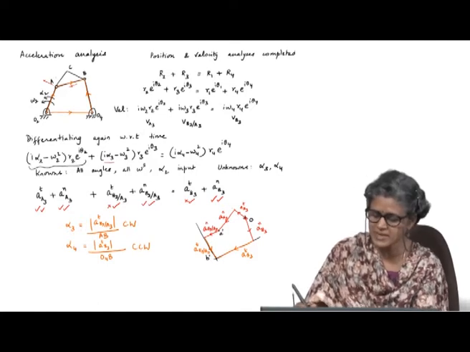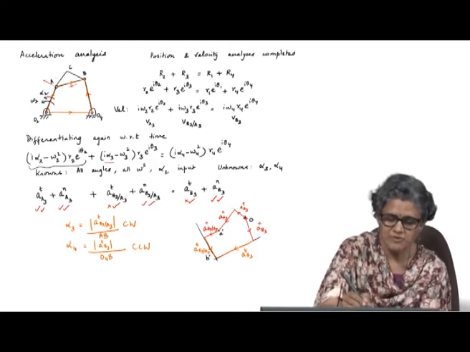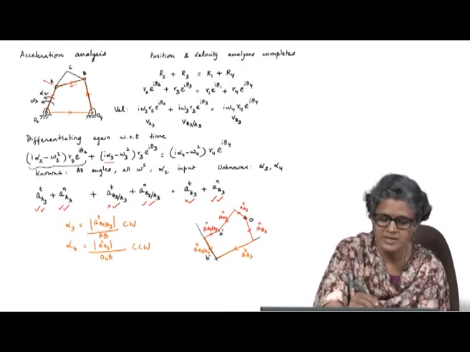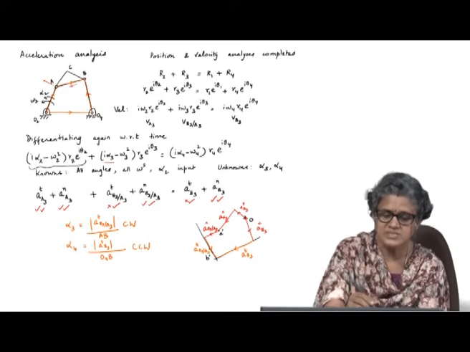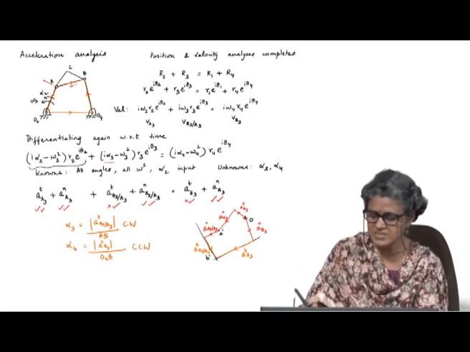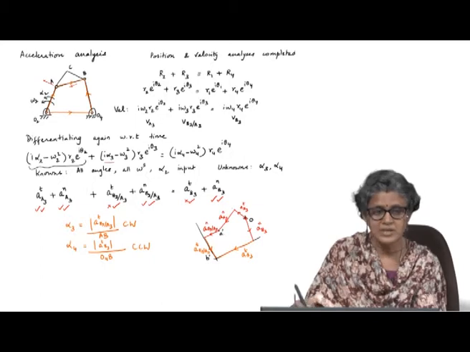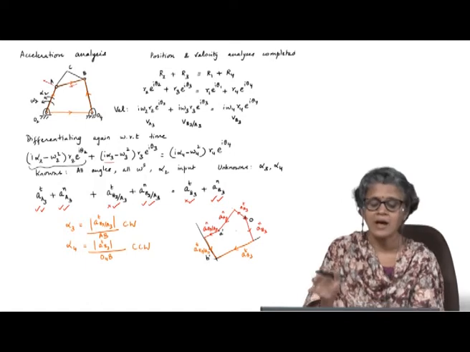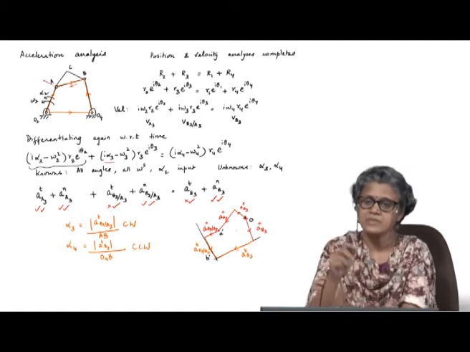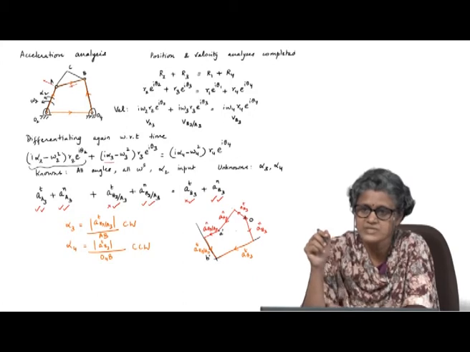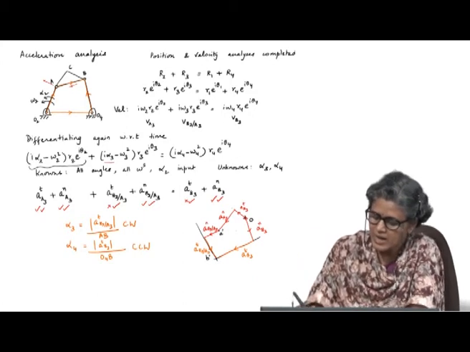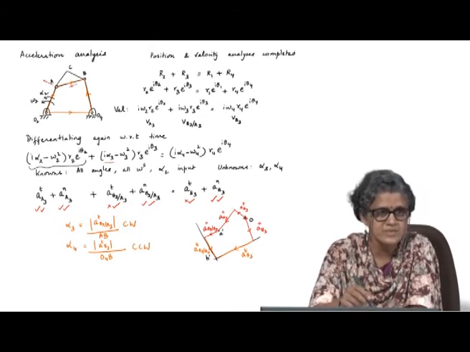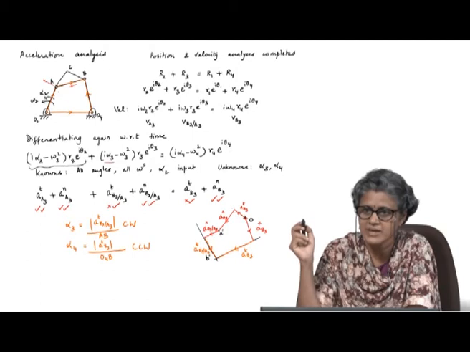So you will find that if I want to find the acceleration of point C, all I need to do is reconstruct this triangle in the acceleration diagram, and that will give me the acceleration of point C. So the triangle in the acceleration diagram will be similar to the triangle in the position diagram.